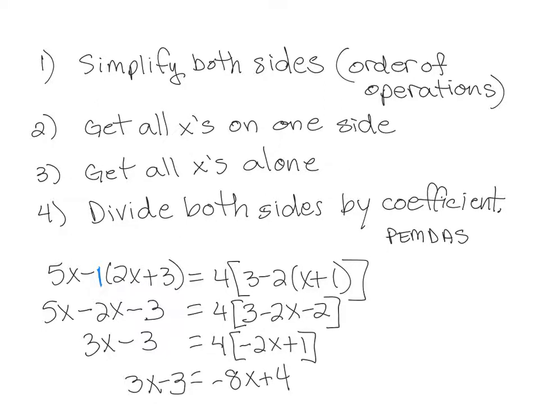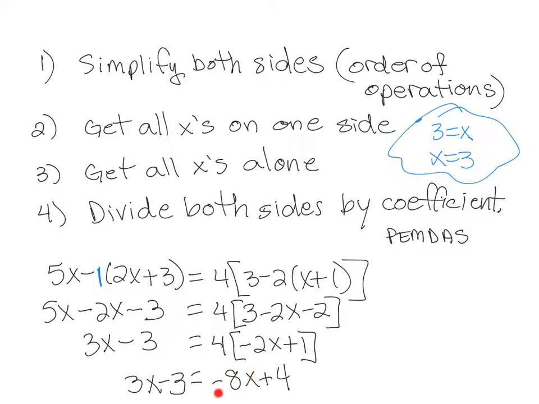Now, the next step is once I get it simplified, now I start to get my x's together. So, by the way, over here in my little thought bubble, if I have 3 equals x, then I have x equals 3, right? So it doesn't matter which side I move my x's to. So I know, and you know just as well as I do, that minus signs always mess us up.